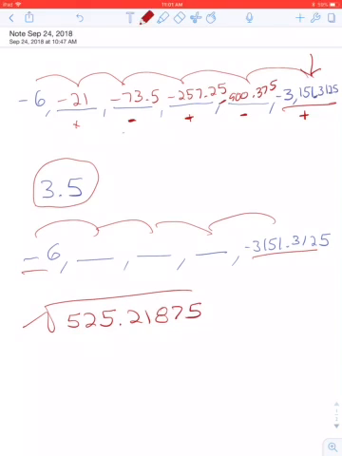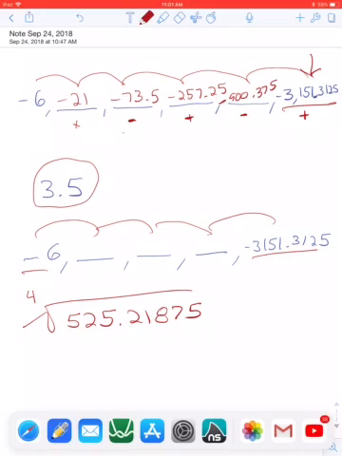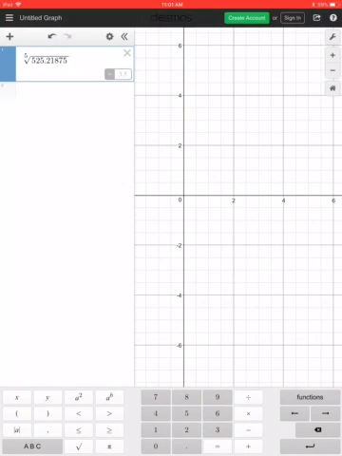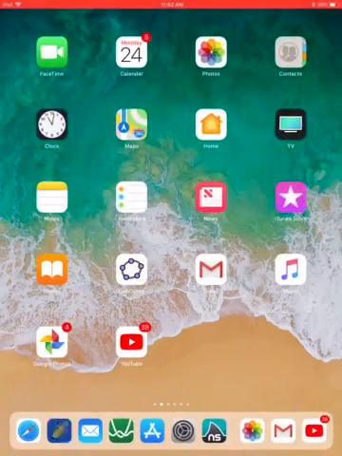But this time we only took 1, 2, 3, 4 jumps. So instead of the fifth root, this time we're going to take the fourth root of that number. So I'm going to open up my Desmos calculator again. And this is going to be real easy because all I have to do is take that 5 and make it a 4. And this time it gives me 4.79 approximately.